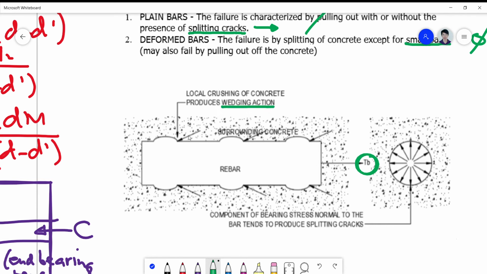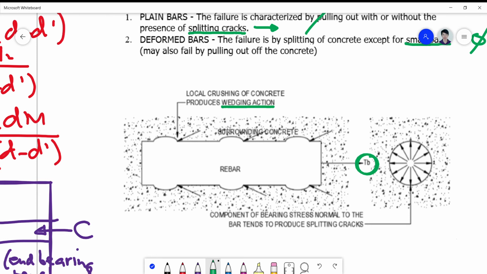Parang pinipigil niya yun, no? A wedge in Tagalog is a kalso, no? It is something that will prevent one from moving because there is something abutting it. Pumipigil, no? Dun sa movement.